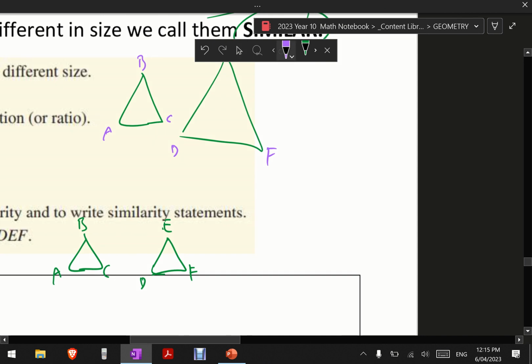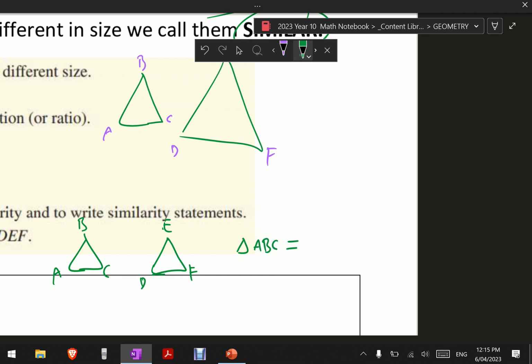Let's just say again, I'm not going to go through the whole process, but the statement looks something like this: triangle A, B, C is congruent, so remember the equal sign with the symbol, to triangle D, E, F.